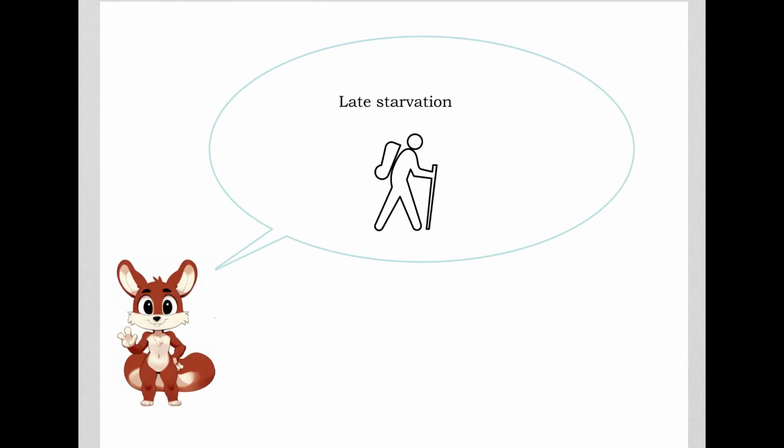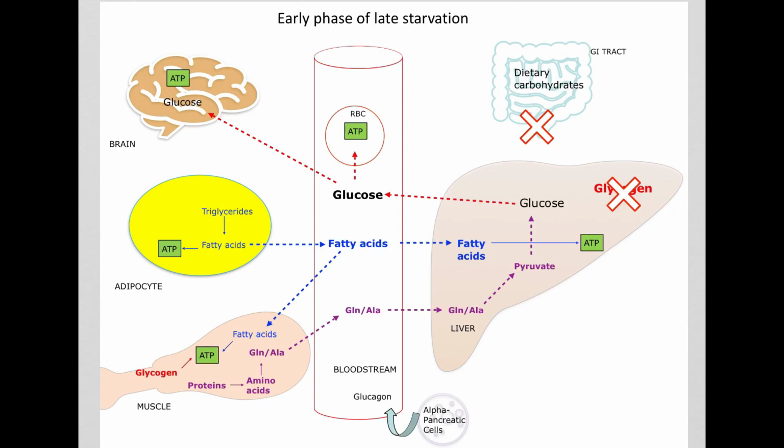So besides the postprandial and the early starvation program, we do have another program, and that is the late starvation program. And this happens if you have not eaten for more than 24 hours. Now, why 24 hours? That's because the average person has sufficient glycogen to maintain blood glucose in early starvation for 24 hours.